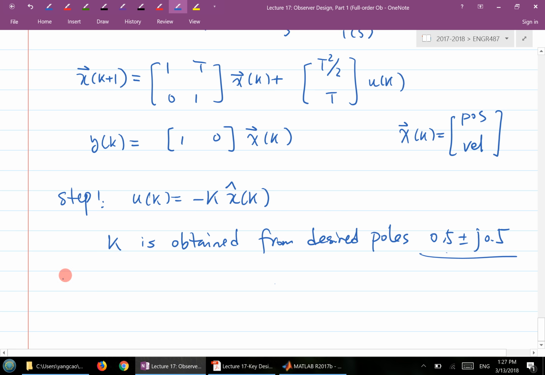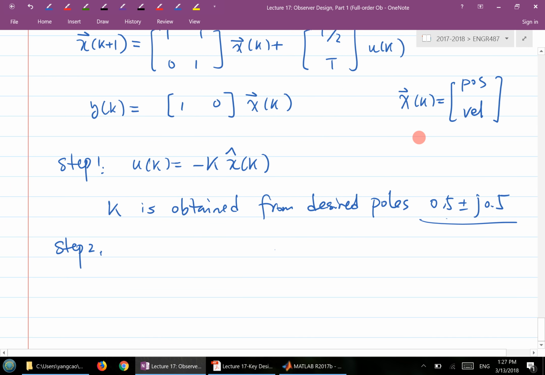Now step 2. Let's say in this question I don't have the measurement of the velocity, then we design an observer. For the observer, we need to pick a pole location.